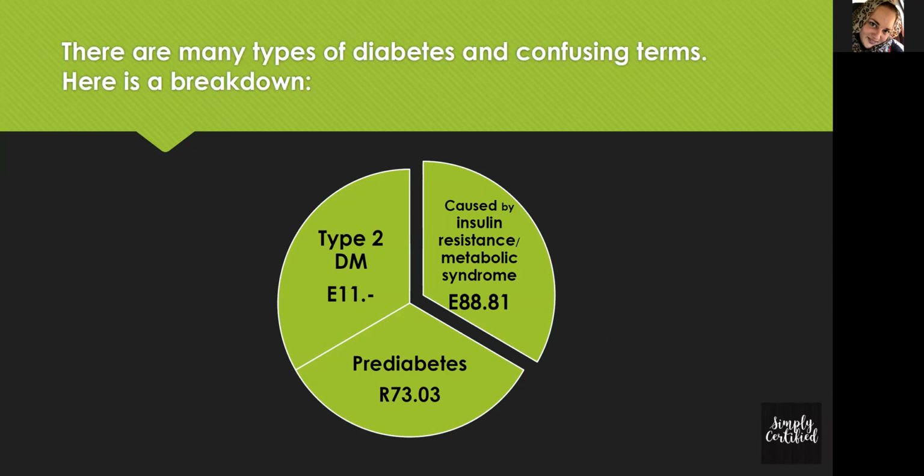What happens in type 2 diabetes is that you basically build a wall and your insulin can't get to where it needs to go, no matter how much you make, which is why people sometimes get low blood sugar even though they ate. They have insulin dumps. So type 2 diabetes codes to category E11, right? That's not a complete code.